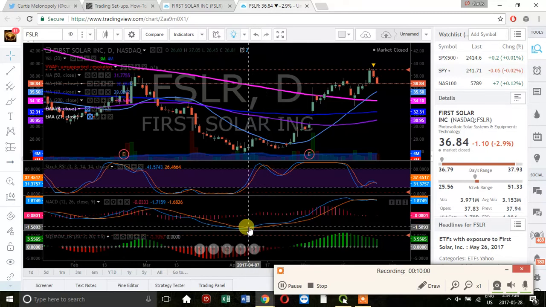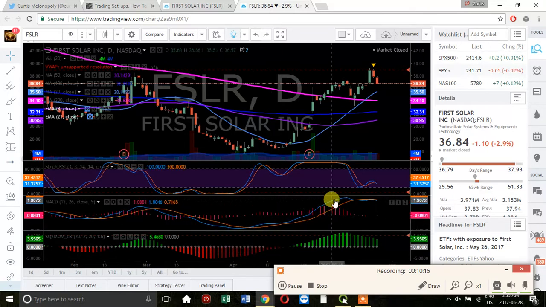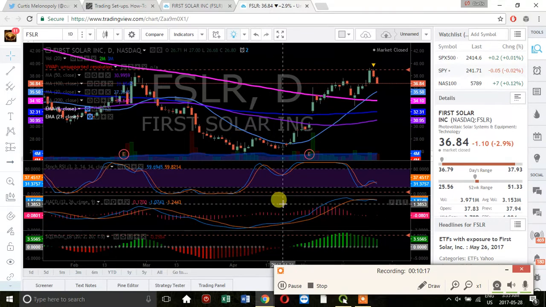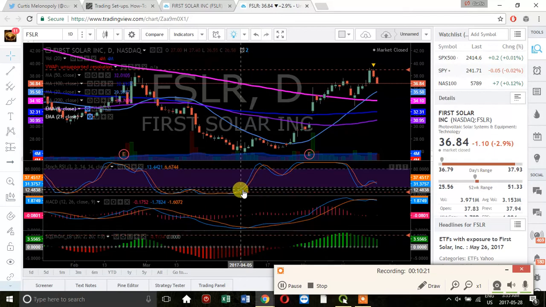So I rely heavily on the MACD, especially for my swing trades. My swing trades on our swing trading platform are very successful, and they are mainly based on the MACD. Of course, there are many other indicators we use to confirm, but the other thing that happened at that time is the stochastic RSI started to rise.